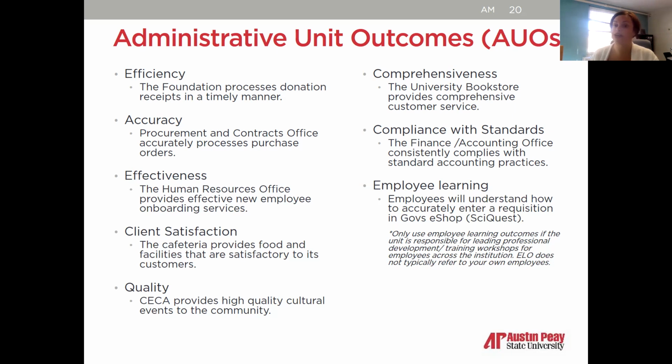So like, what do we want that to look like? But this gives you the basic statement. And then as an office or a unit, you can sort of define what timely is. Is timely in 24 hours? Is it in 36 hours? Is it in a week? It just depends on what service you're offering. So these are examples, but your outcomes are very contextualized to your office.